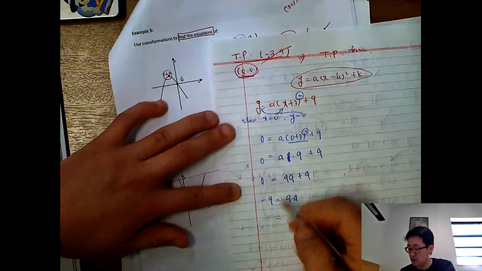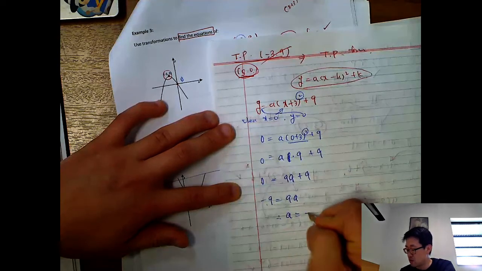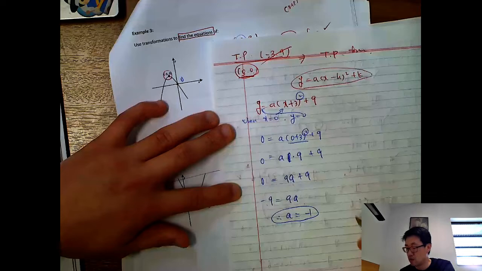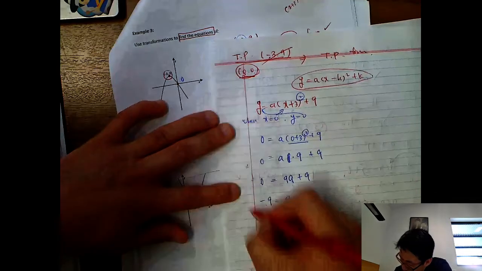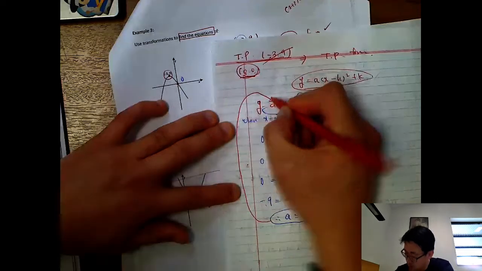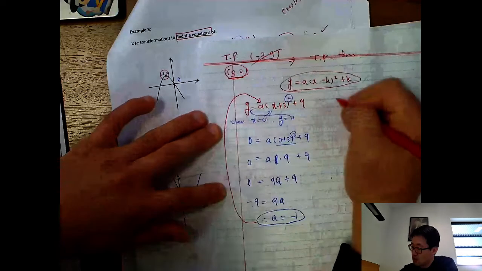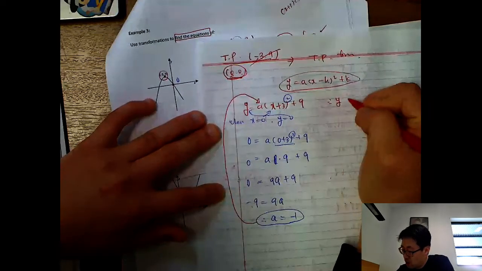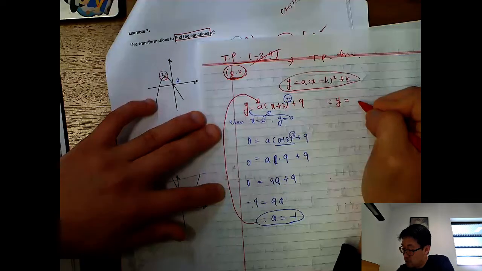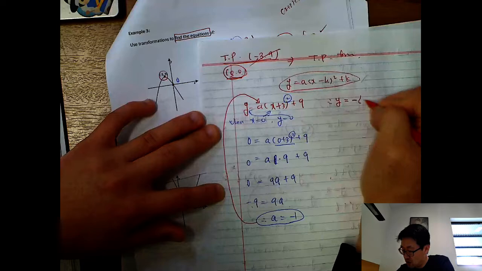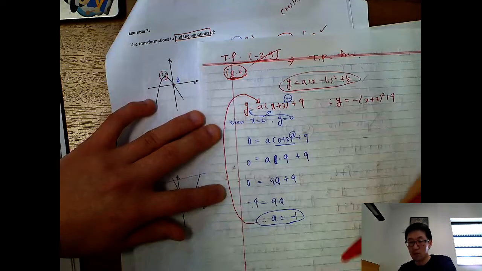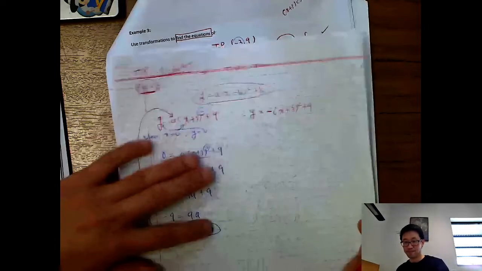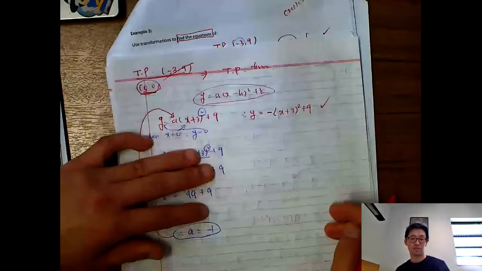Therefore, divided by 9, divided by 9. A equals minus 1. So all I need to do is go back and plug in here. Therefore, y equals, a is minus 1. Do I have to write down 1? No. Minus (x plus 3) squared plus 9. Don't forget squared. Okay? So done.